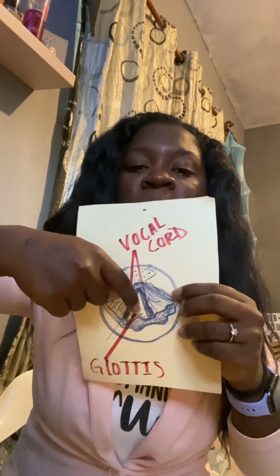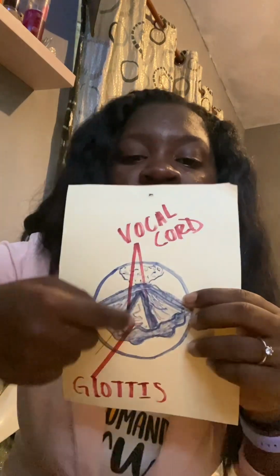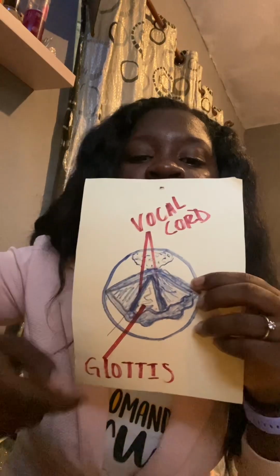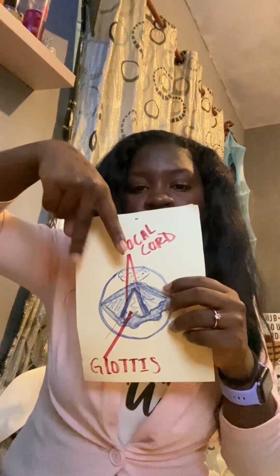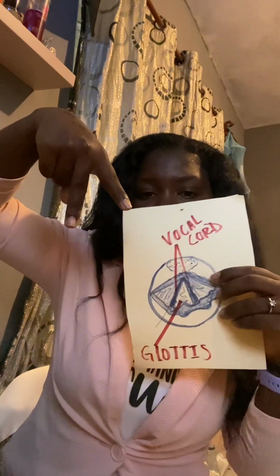So in the opening of the vocal cords, we are going to find the glottis, right? When we are breathing normally, the vocal cords are apart like this.